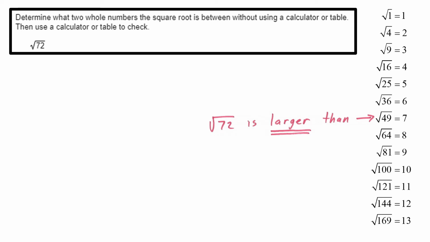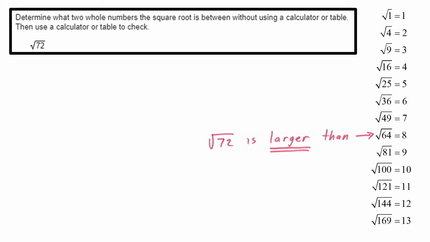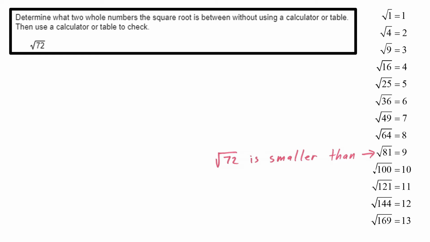The square root of 72 is larger than the square root of 49 and larger than the square root of 64. But the square root of 72 is smaller than the square root of 81.